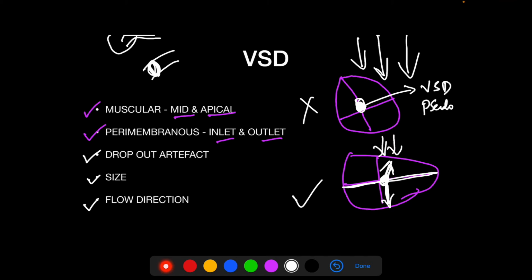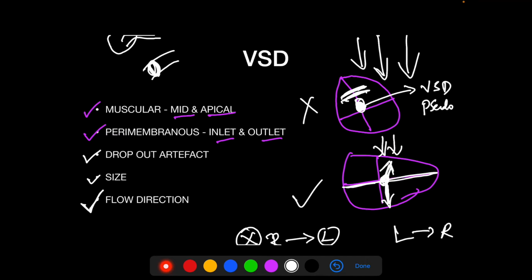And you can assess the flow direction. Usually the flow direction will be bidirectional, so both colors blue and red will be seen, or it can be from left to right. If it is right to left, then you have to suspect right outflow tract obstruction.